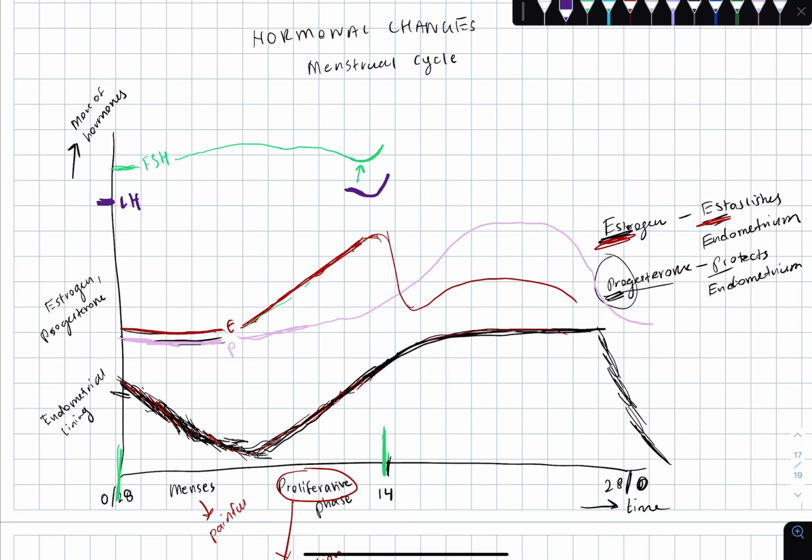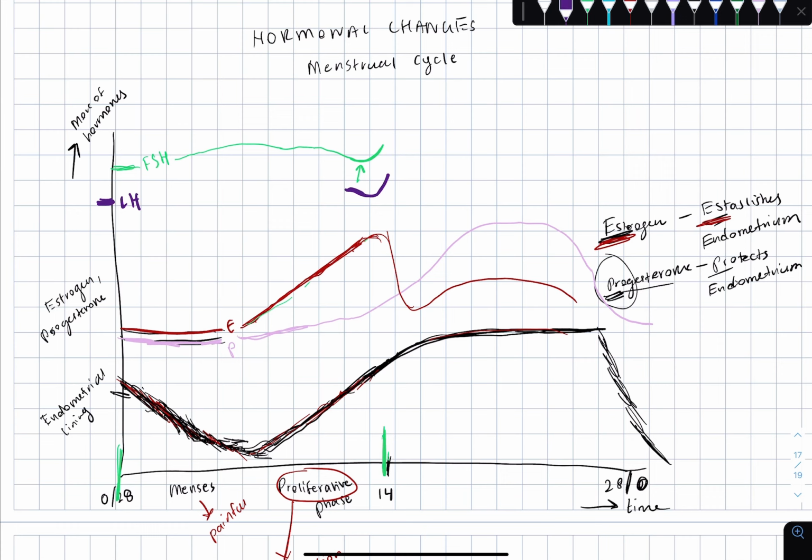Luteinizing hormone involves the formation of the corpus luteum, and the corpus luteum is what is going to secrete all of this progesterone in order to protect the endometrium, in order to protect the uterus for possible implantation of a zygote. So if fertilization occurs, then pregnancy can occur due to the corpus luteum releasing progesterone.